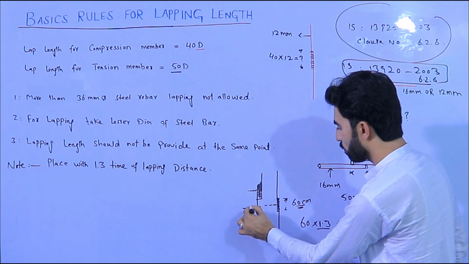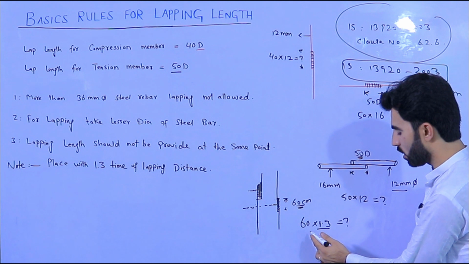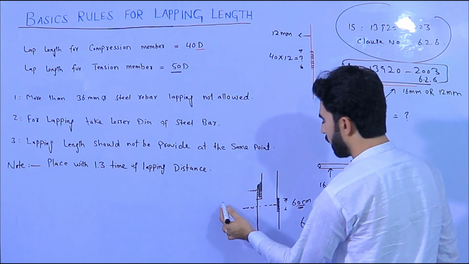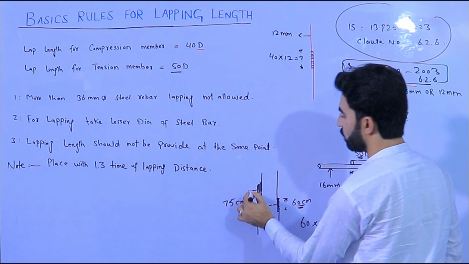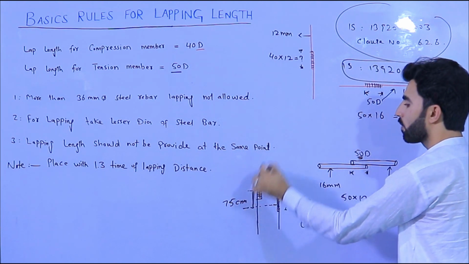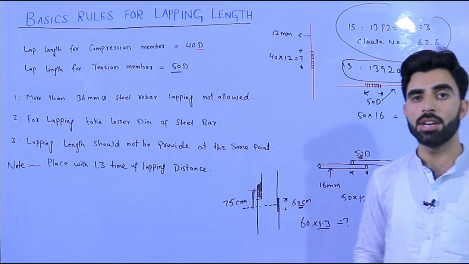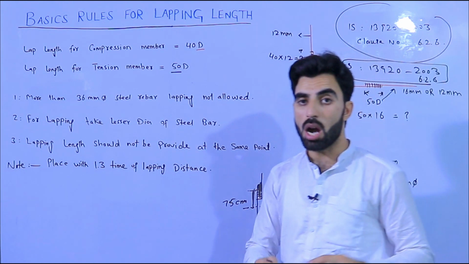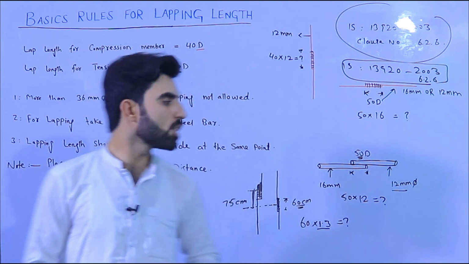What should this distance be? From this value, we can get about, for example, 75 centimeter. So after 75 centimeter, we will keep the distance between two lappings. Then it will make a good joint and a good bond between concrete and steel bars.